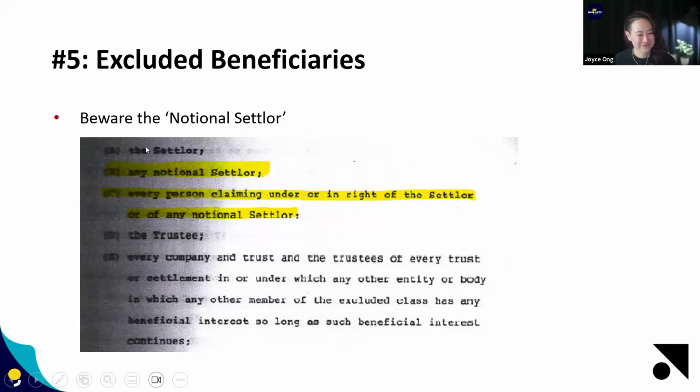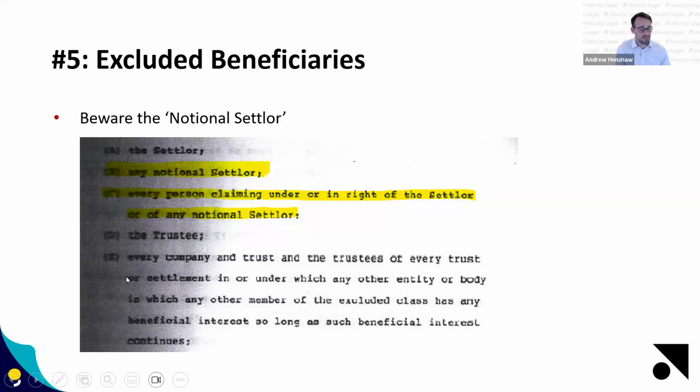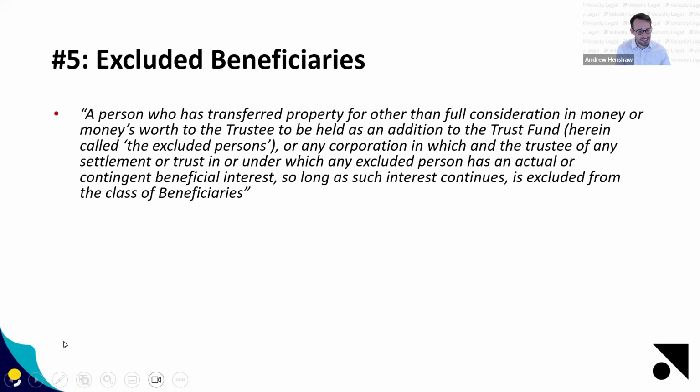And it says the settlor is the first one, the A, and then the second one is any notional settlor. And those people are excluded from benefit. A notional settlor is generally defined as somebody who's transferred property to the trust at less than full consideration. They then are excluded.